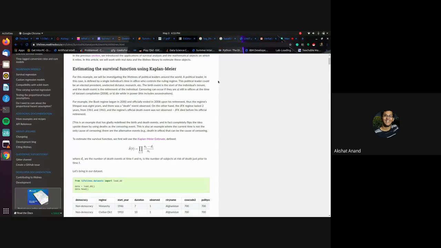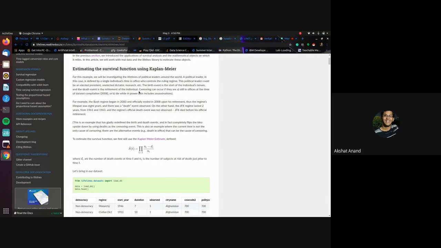A political leader in this case is defined by a single individual's time in office who controls the ruling regime. This political leader could be an elected president, unelected president, or monarch, etc. The birth is the start of the individual's tenure, and the death event is the retirement of the individual.